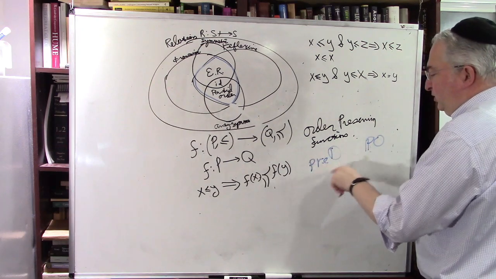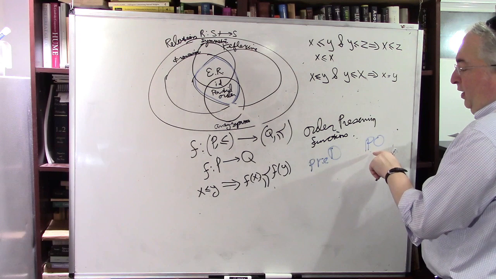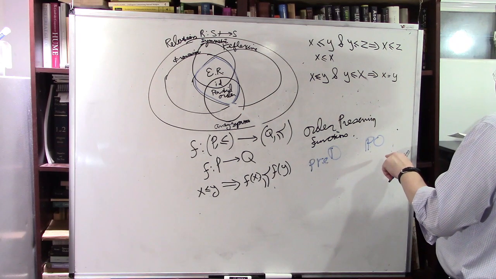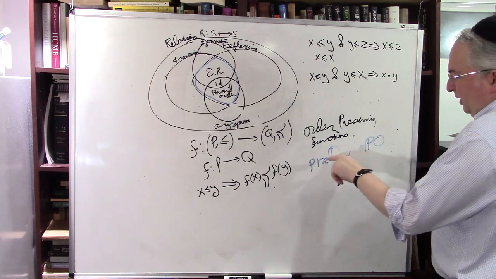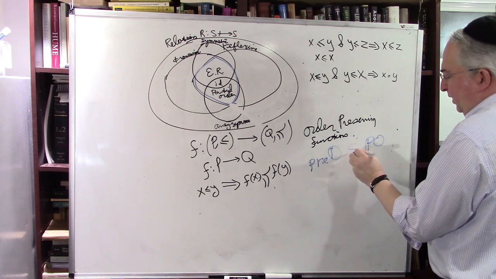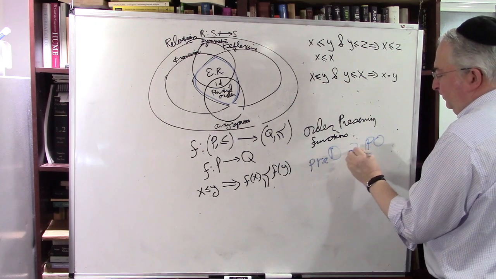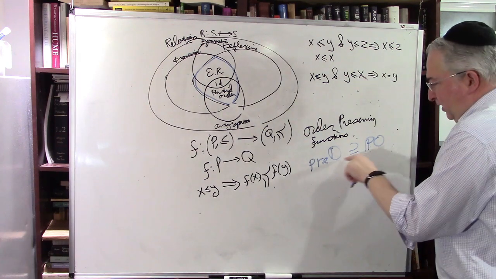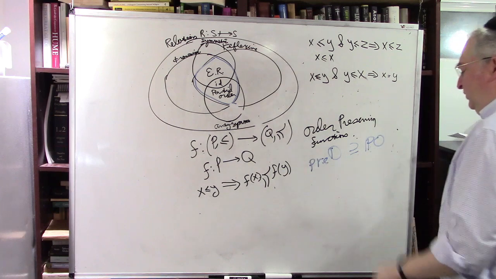This is a special type of this, so I guess we would write it like this. This is a subcategory of this.